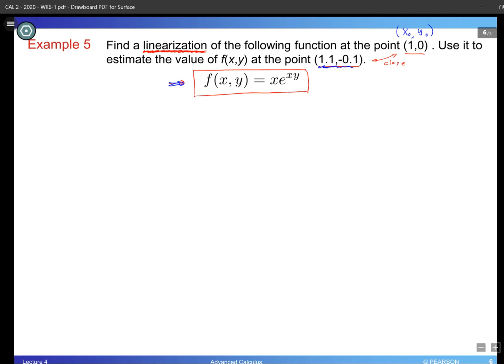Just put these numbers into this formula, and of course we get the function at (1.1, minus 0.1). It's going to be equal to 1.1 times the exponential of x times y, which here is minus 0.11. And if you put this into a calculator, it comes out to be 0.9854.